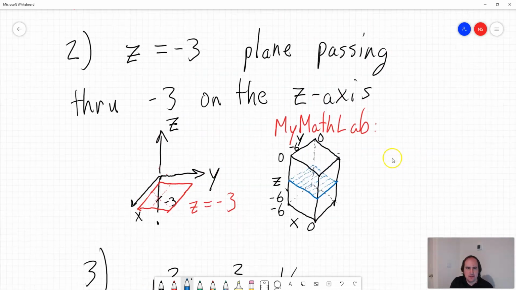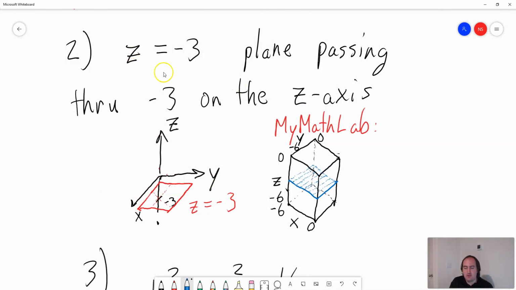So what I would do, with my limited knowledge of GeoGebra, is just write these in the form where you have everything in terms of x, y, and z. So for example, for problem number 2, that one didn't have a theta and it didn't have an r. It was just z equals -3. So we also could have done that one on GeoGebra.